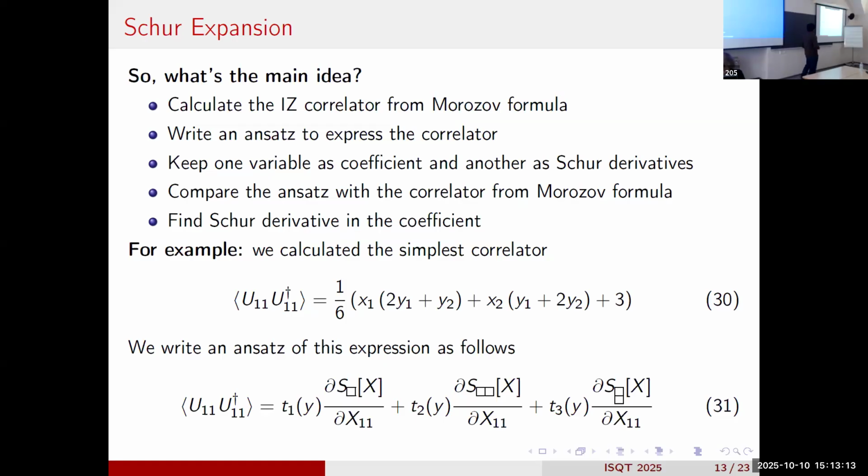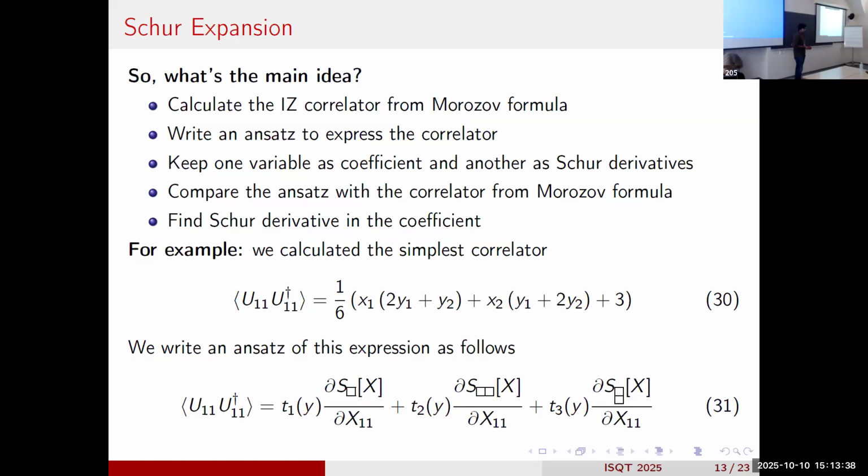So how does it look? For example, in a simple example, we can calculate this correlator, which I showed previously. Now you write an ansatz for this. We had an intuition that differentials of Schur polynomials appear. As you can also see, this particular expression is not symmetric.